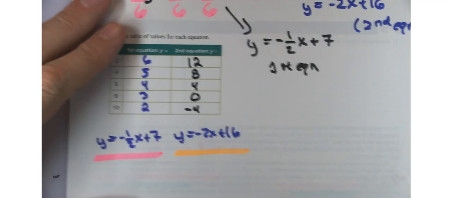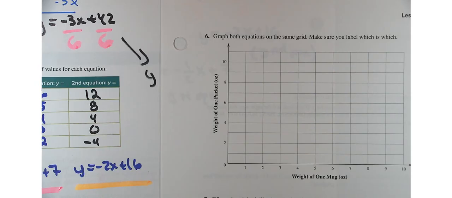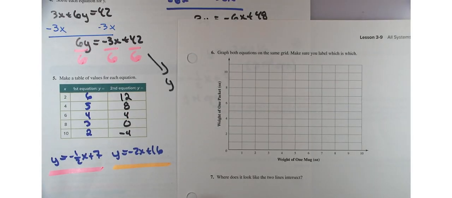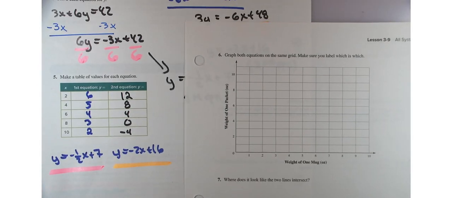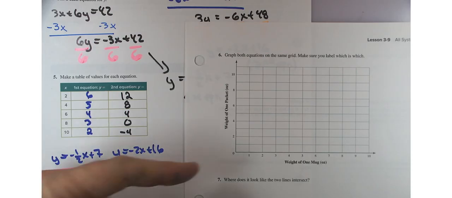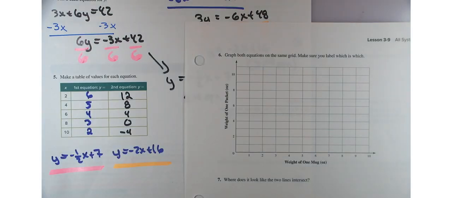But let's plot some points. Now, fortunately for us, this has already been plotted out for us. I mean, we've got the X and Y axes all set. So X was the weight of a mug in ounces, and Y is the weight of a packet in ounces.